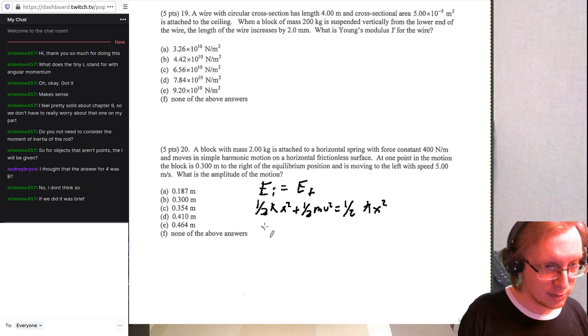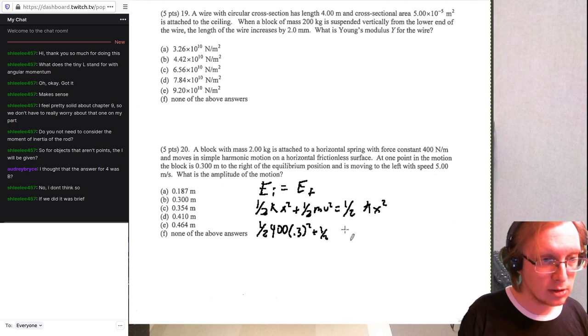So plugging all the information in, we have 1/2 times k of 400 times our displacement of 0.3 meters squared, plus 1/2 times the mass of 2 kilos times the velocity of 5 meters per second squared, is equal to 200 newtons per meter times x squared.